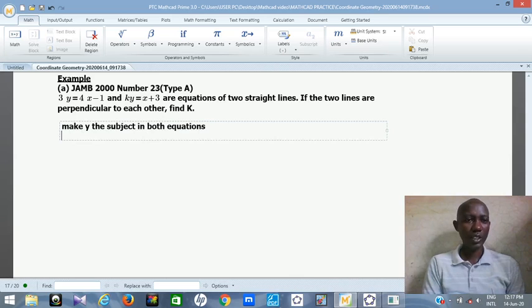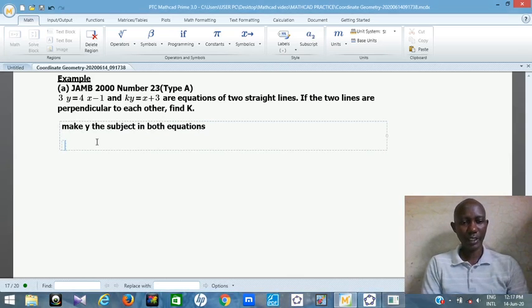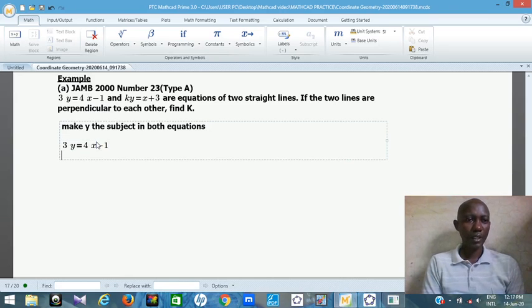So if you make y the subject in both equations, let's start with the first one, which is 3y equals 4x minus 1. Then if you make y the subject in this case, you divide each term by 3.